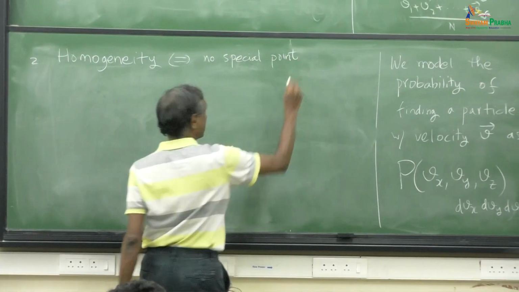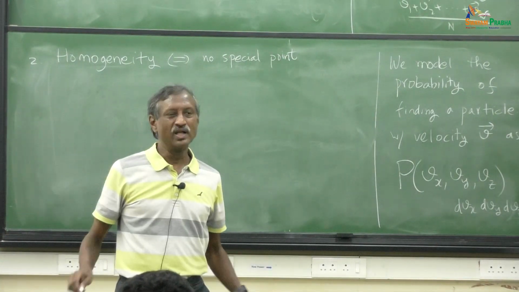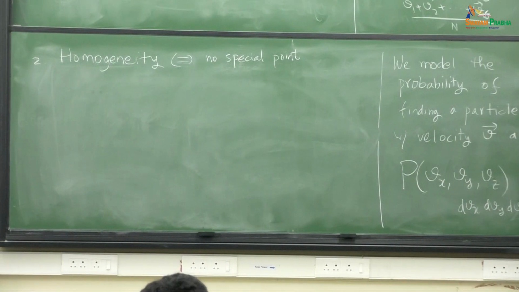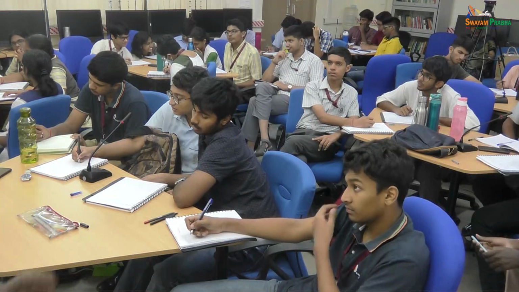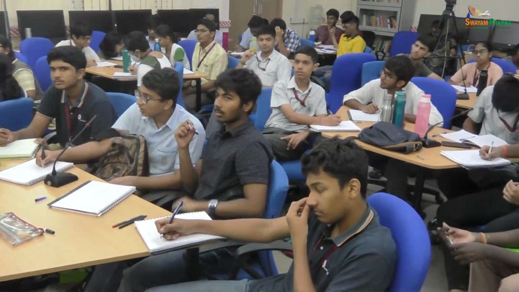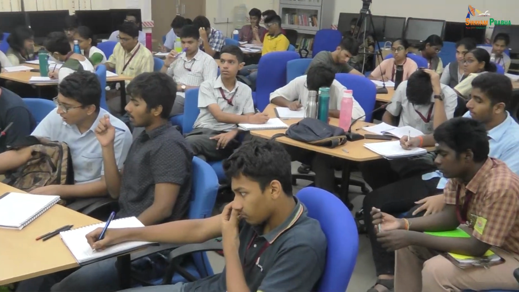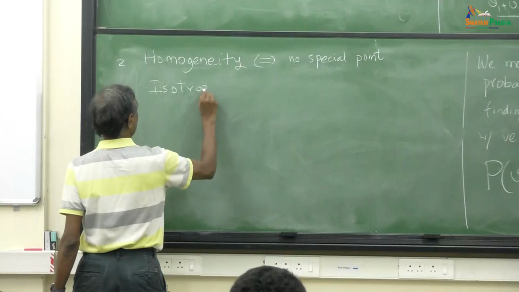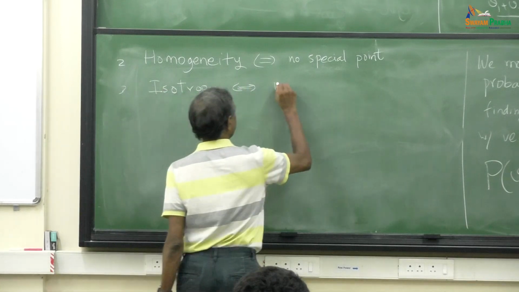I know you'll say, oh, there are walls, points close to the wall, but we're assuming that the system is so big that we can neglect those effects. So generic points, there's no special point in this thing. The third assumption is isotropy, which means no preferred direction.